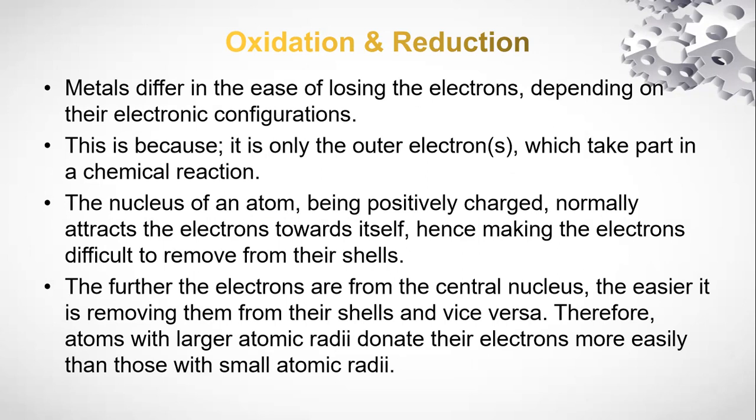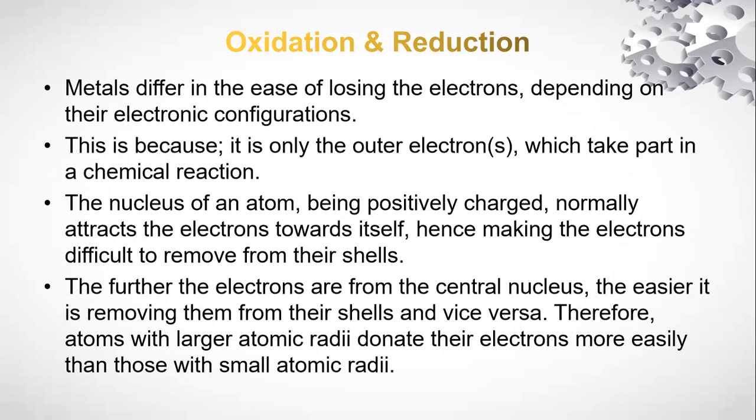Why do metals differ in losing electrons depending on electronic configuration? This is because it is only the outer electrons, those found on the outermost shell, that take part in a chemical reaction.